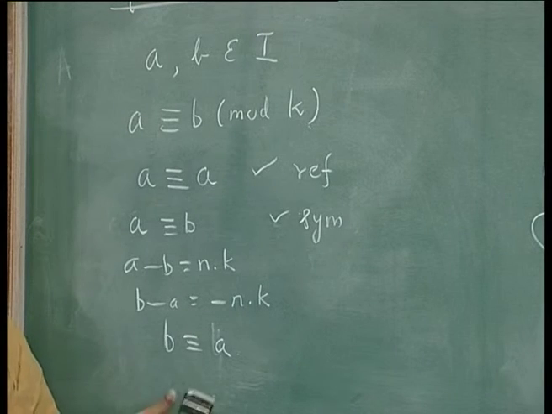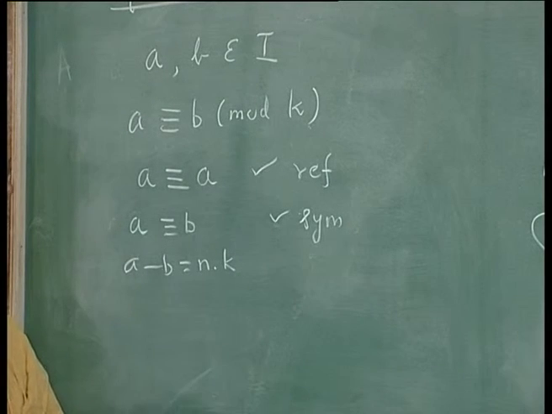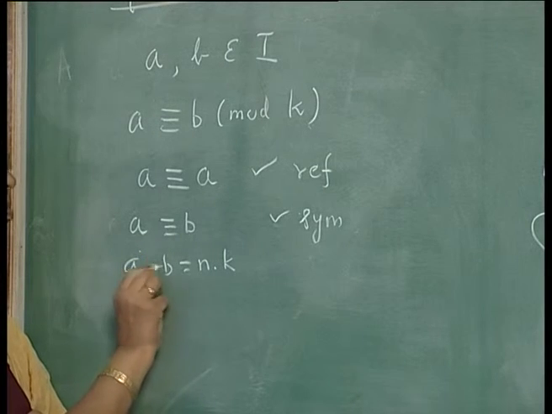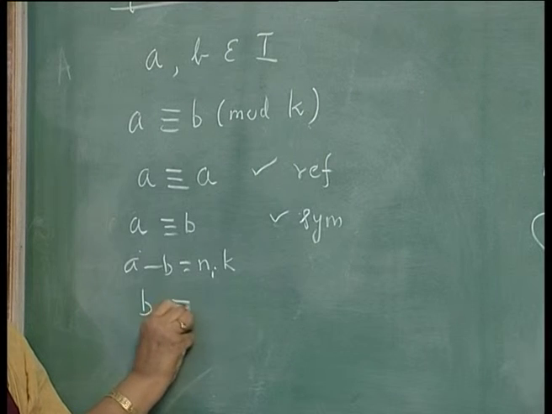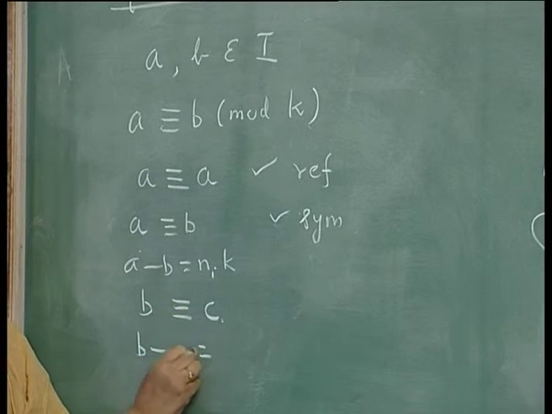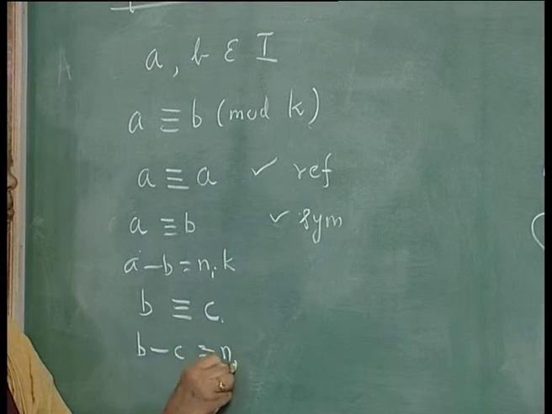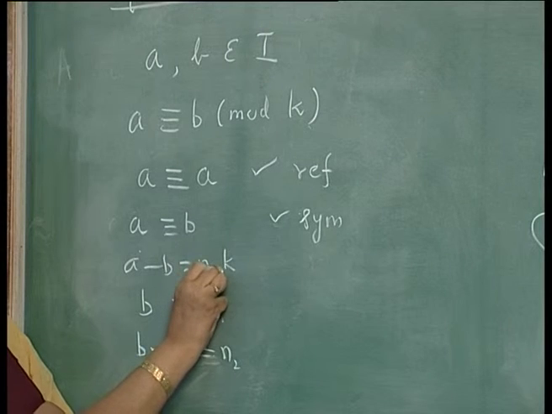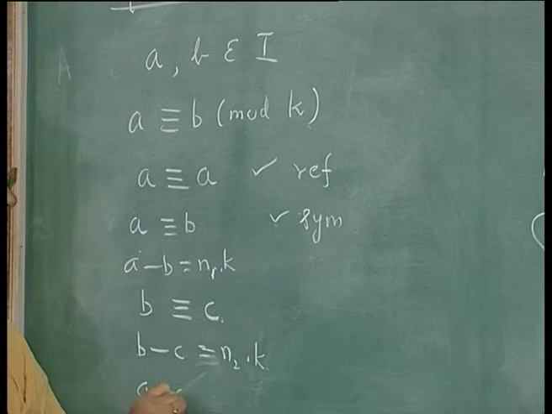Now, what can you say about the transitive property? If a is equivalent to b, you can say a minus b is n1 times k, and if b is equivalent to c, then b minus c is n2 times k. So, what can you say about a minus c?